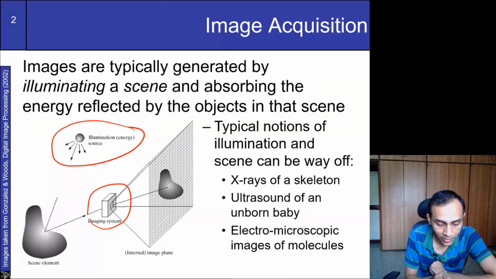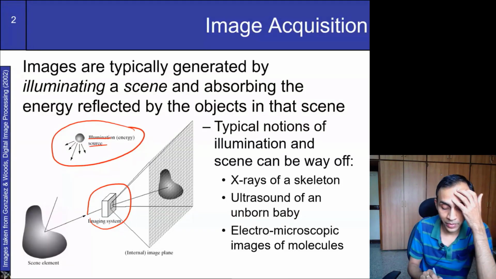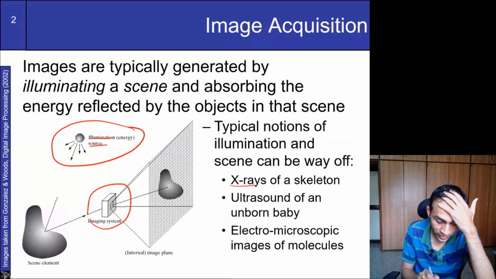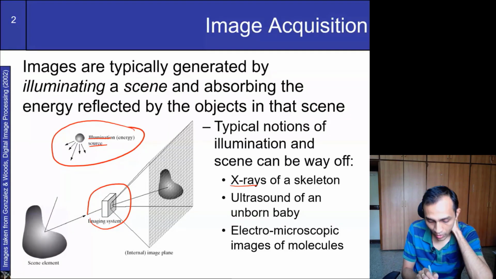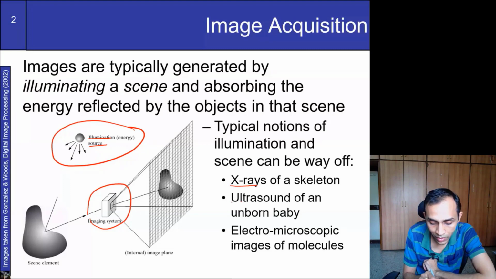As I said, the illumination source need not be a light source. It can be any electromagnetic modality. It can be X-rays, ultraviolet rays, infrared rays, or even ultrasound. We use ultrasound in medical imaging.